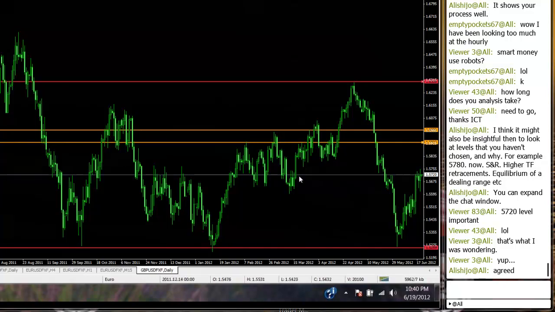So I would probably leave that on my chart. So 159.20 is the level I'd have noted.